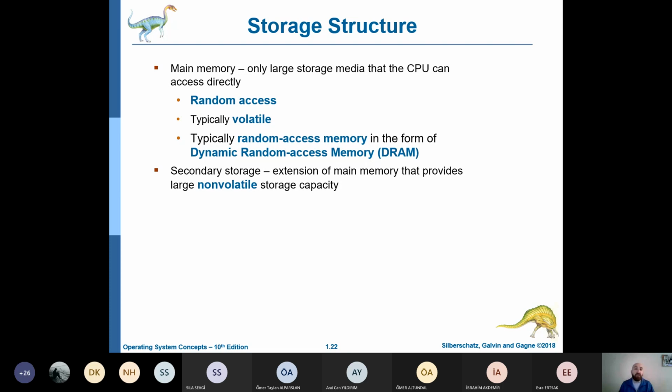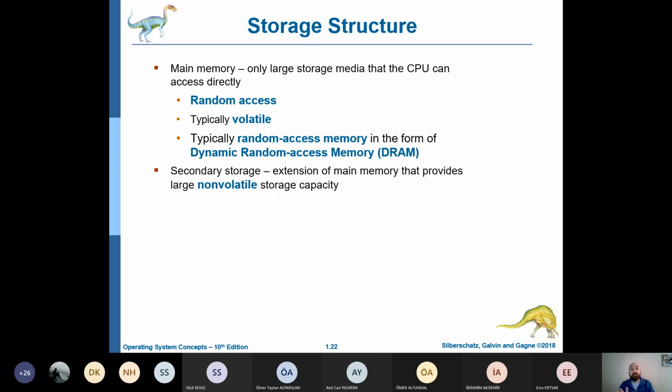So, if you have enough storage on your main memory, you can store lots of information, but still it's volatile. When you lose the power or turn off your computer, that data will be lost. For that reason, most computer systems provide secondary storage as an extension of main memory.